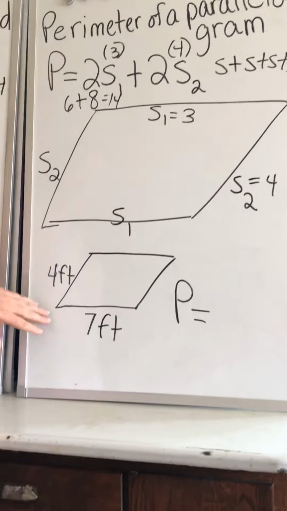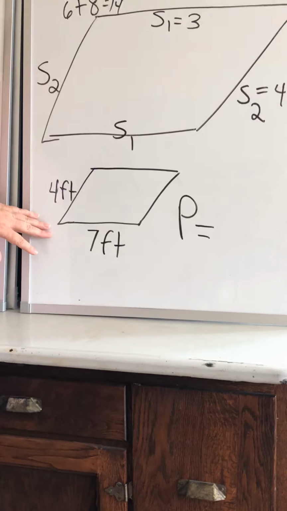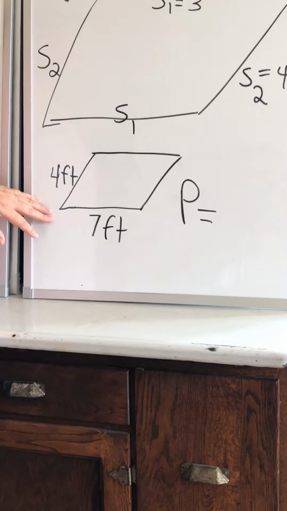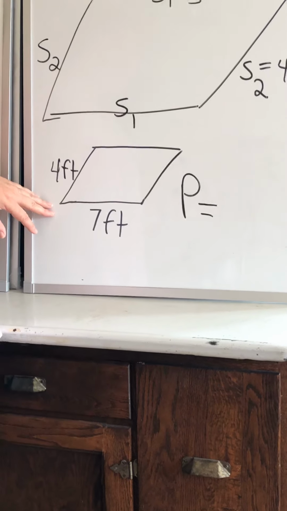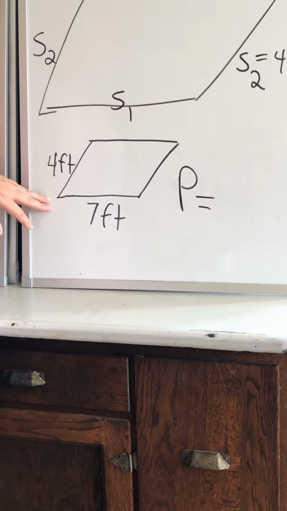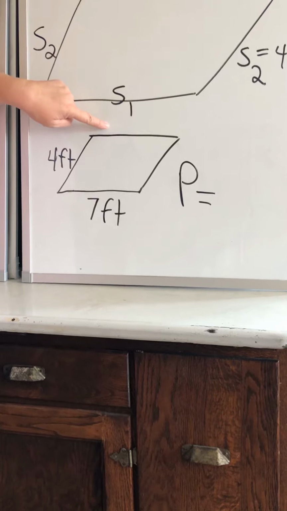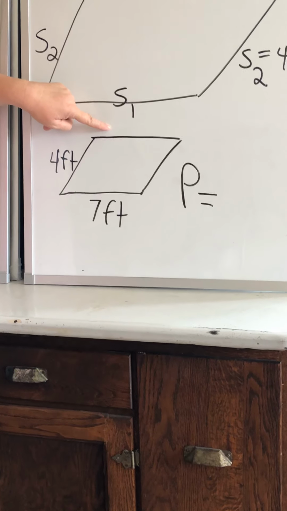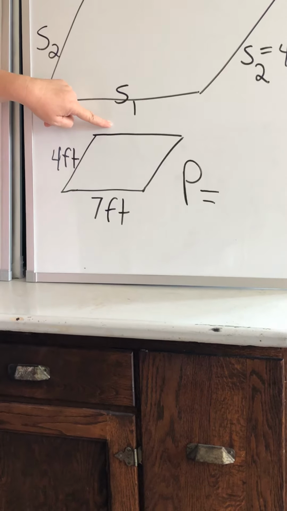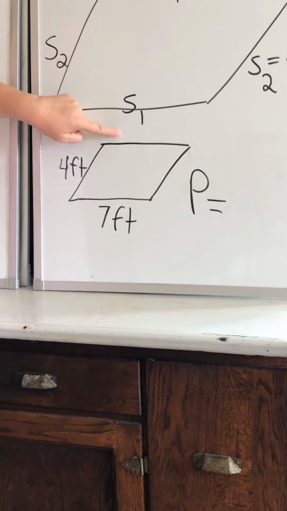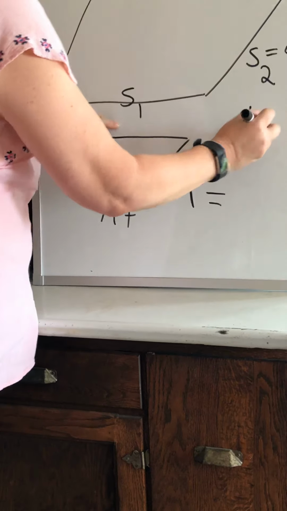Another one down here is an example of another parallelogram. Remember, a parallelogram looks like a lazy rectangle laying on its side. So if this side is 7 feet, then how much is this side? Well, hopefully you said it was also 7 feet. So 7 plus 7 is 14.